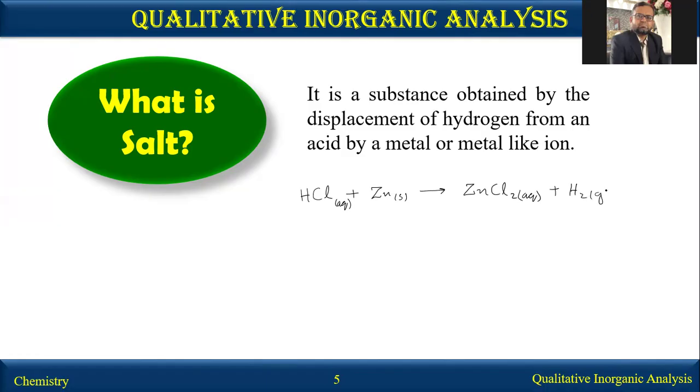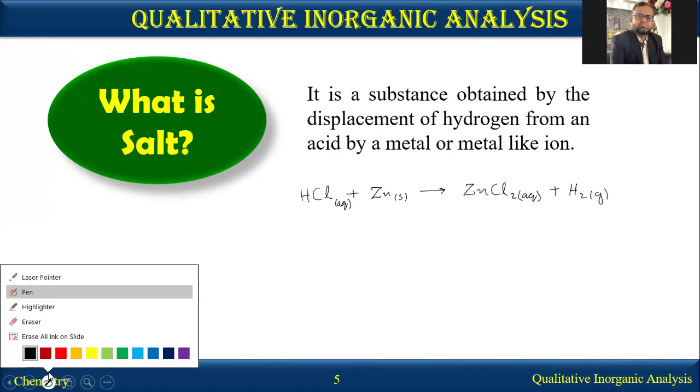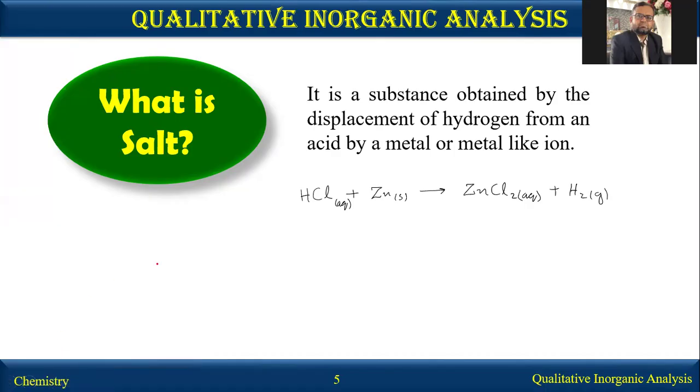So if you see here, you should notice that this is the salt, because this is obtained from the displacement of hydrogen by a metal or metal-like ion.